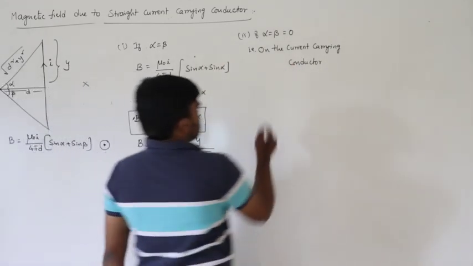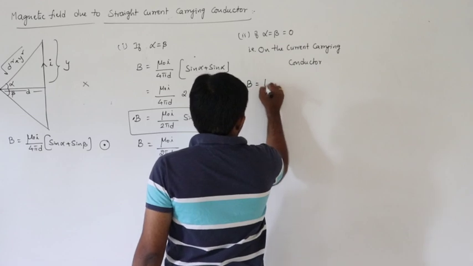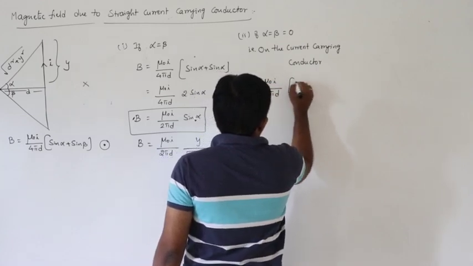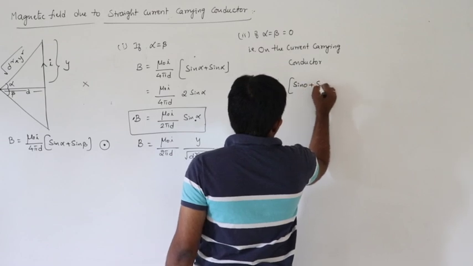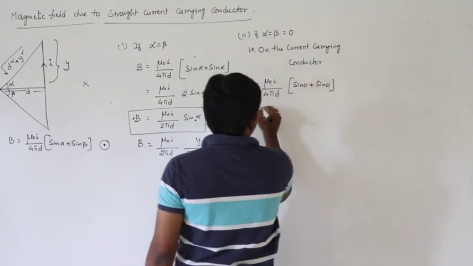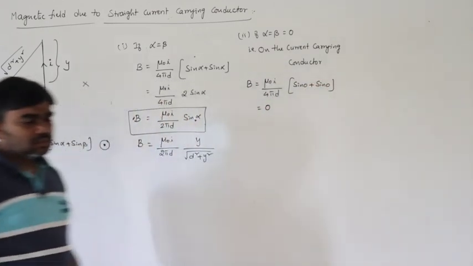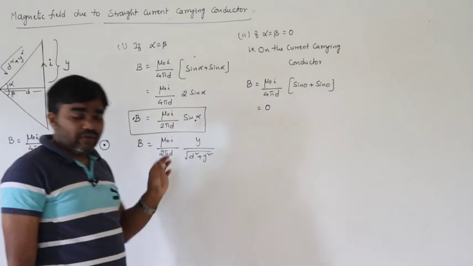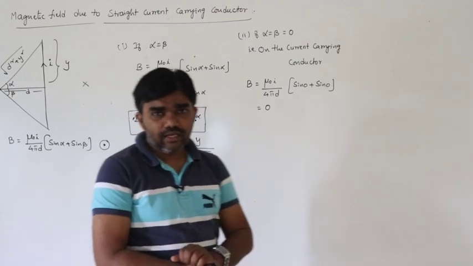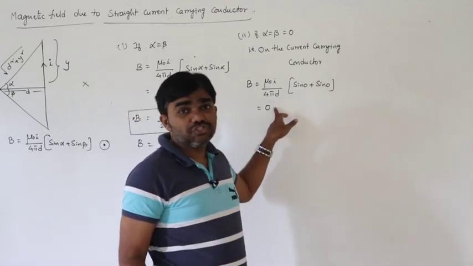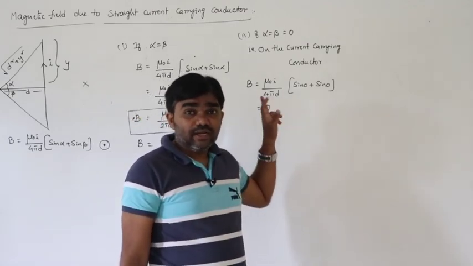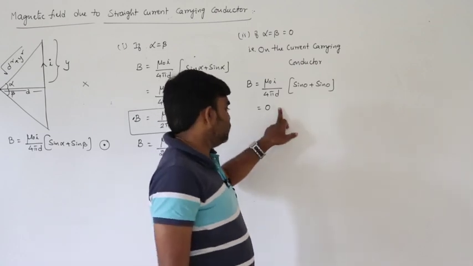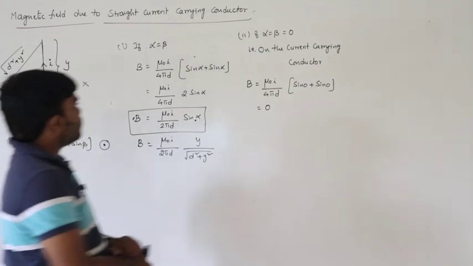So B is equal to mu naught I by 4 pi d into sin 0 plus sin 0, that is 0. That means at any point on the current carrying conductor, the magnetic field must be equal to 0.